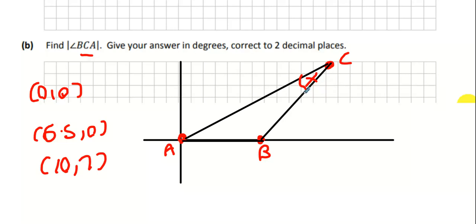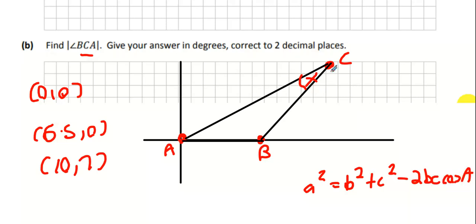Okay. Now, what I'm thinking of doing is using the cosine rule, because I know that the cosine rule, which is this rule here, can get me the angle from 3 lengths. That's one way of doing it. I think the other way of doing it could be, I'm sort of running through the ideas in my head.